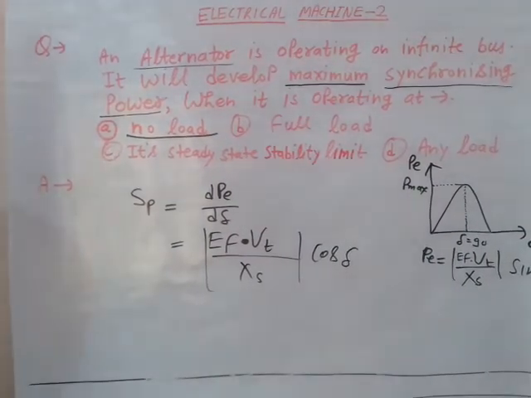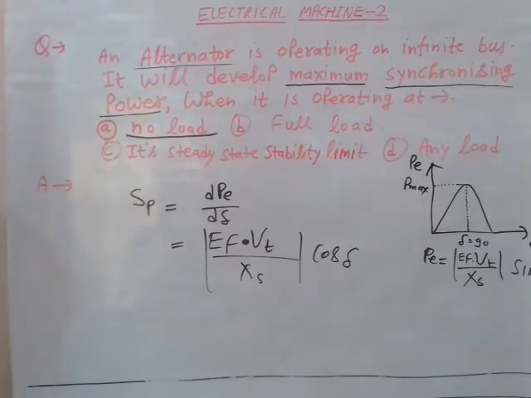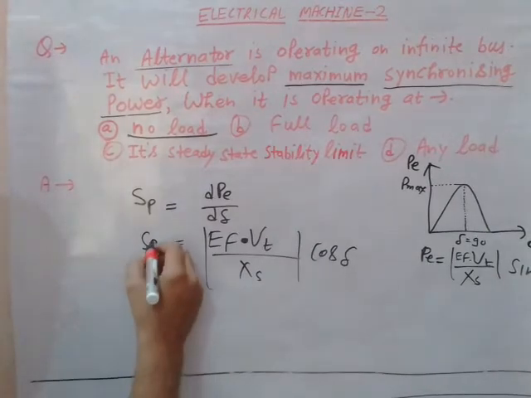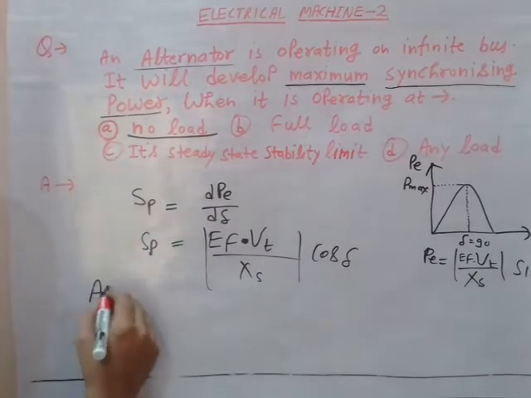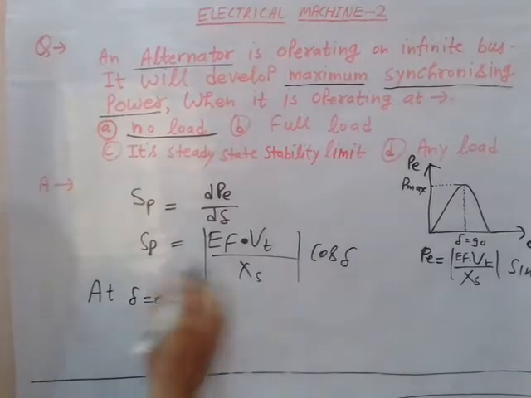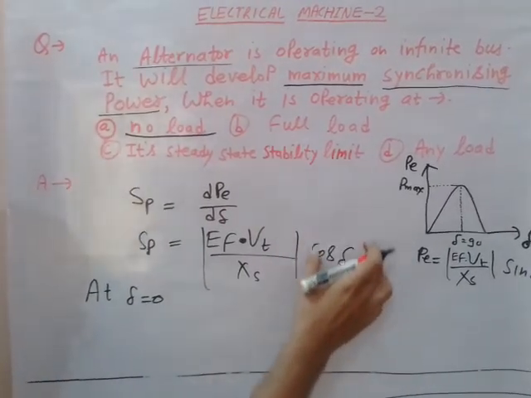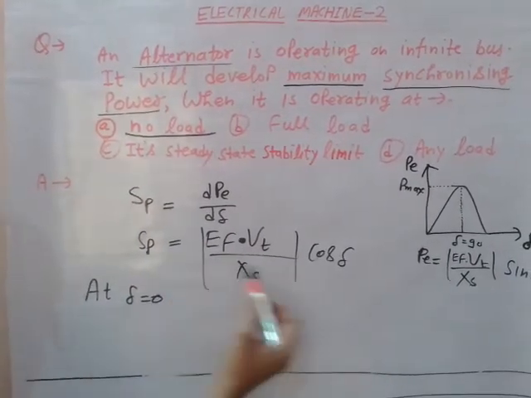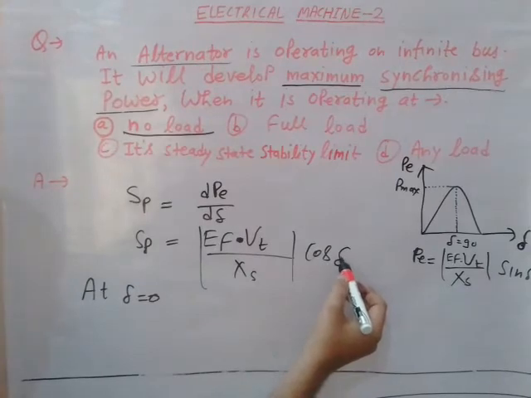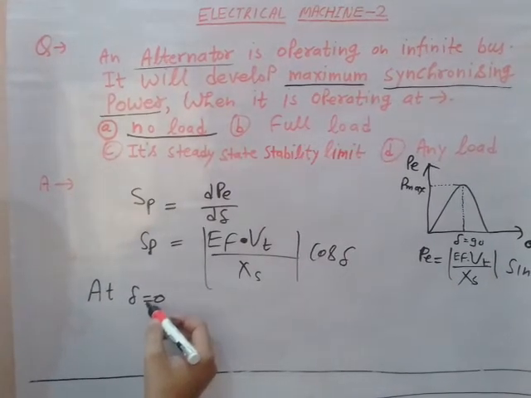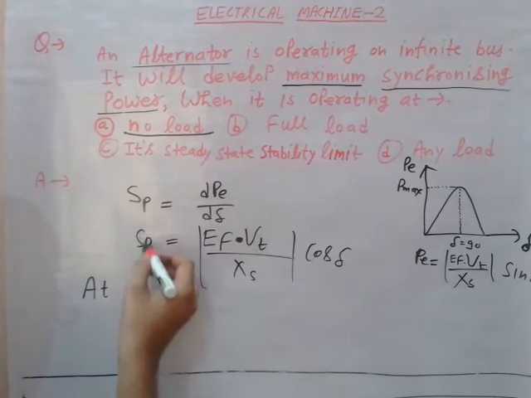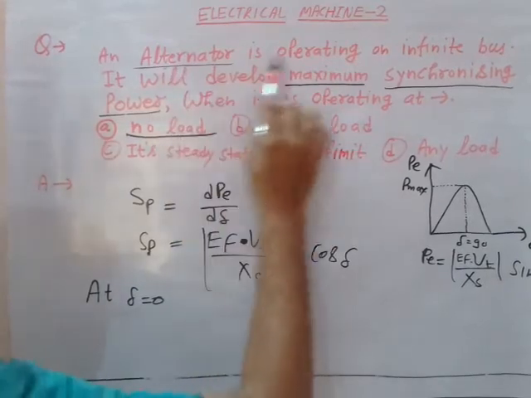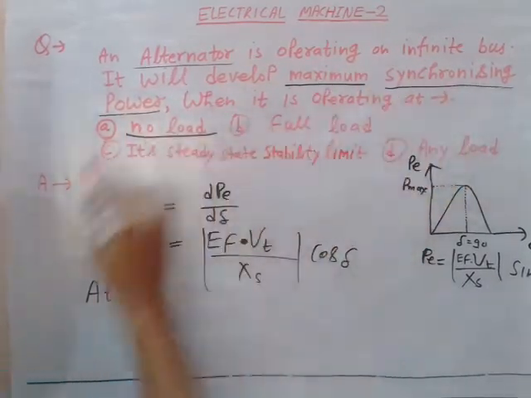This is the synchronizing power coefficient, and it will be maximum at delta equal to 0 degree, because at delta equal to 0, cos delta is maximum. Keeping all of the parameters fixed, cos delta would be maximum at delta equal to 0 degree, and at that condition the alternator will develop the maximum synchronizing power.